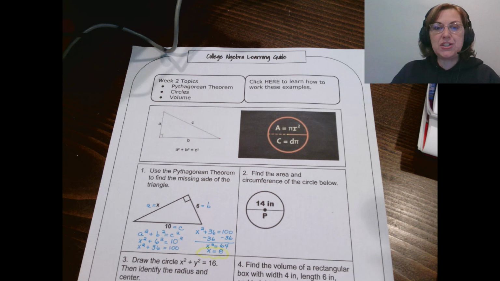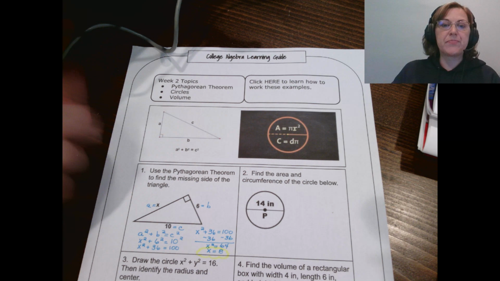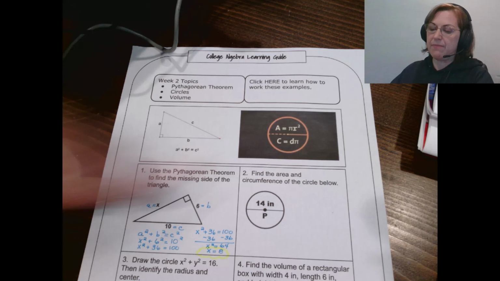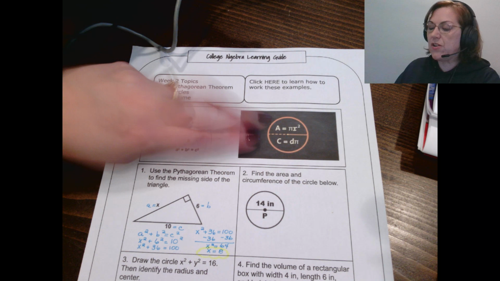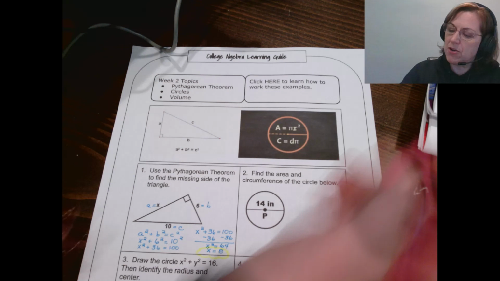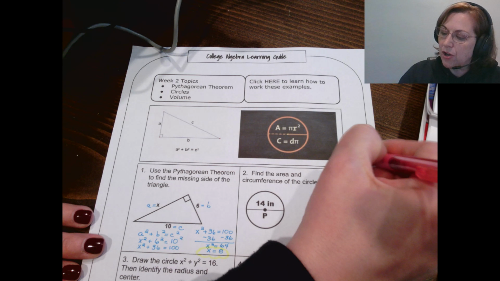In question 2, I'm looking for the area and the circumference. So we've given the formulas for both of those here in our circle picture. Notice in this circle, we are being given the length of the diameter, okay? I like to tell students that the diameter is longer than the radius because the word diameter is longer than the word radius. And that's how I truly remember the two.